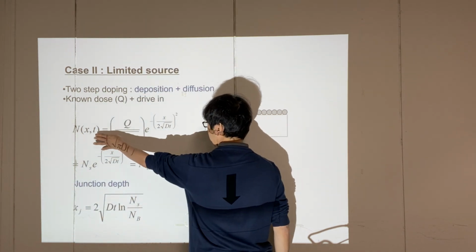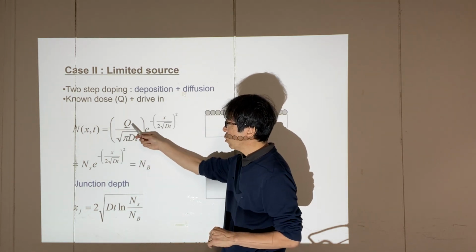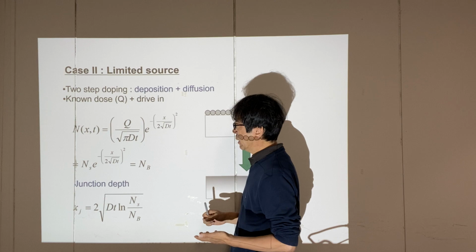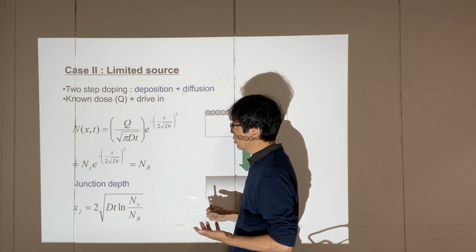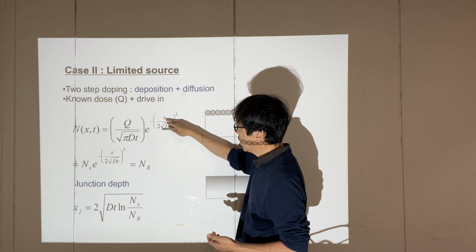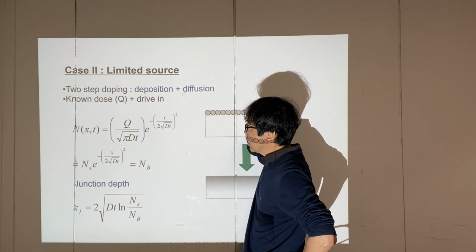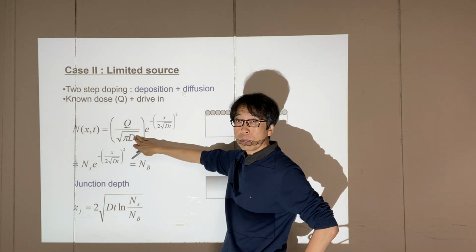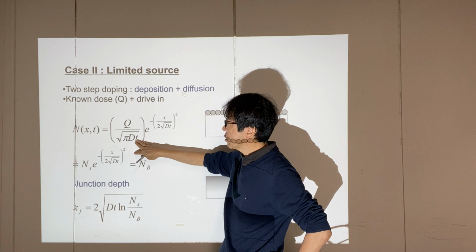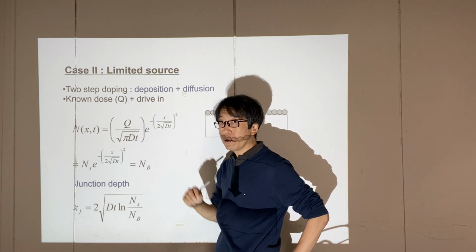This is the concentration you can obtain out of this pre-known dose Q. As you can see here, the function itself is a combination of the spatial coordinate and time in an exponential function. However, the number that is multiplied in the front is also a function of time, which really means that as time goes by, this number will be reduced.